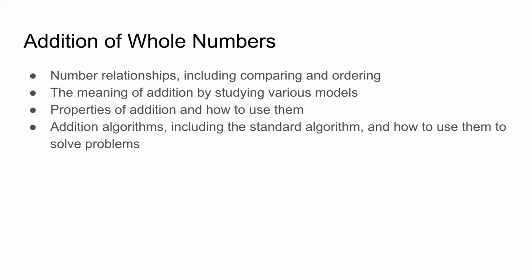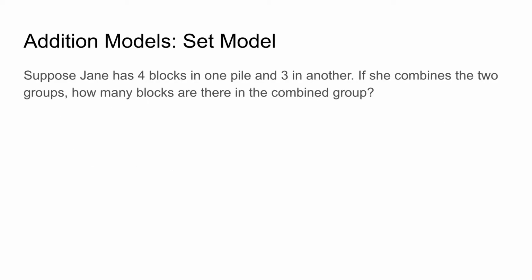We can ask students to invent their own strategies to add using manipulatives or different strategies, but they also need to know the algorithm, the more standard and traditional way, including the standard algorithm and how to use it to solve problems. And also we're going to talk about mental addition, computational skills, and estimation.